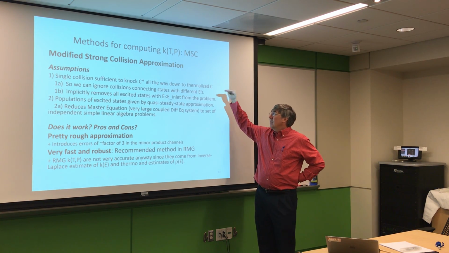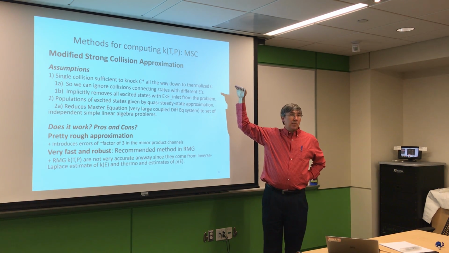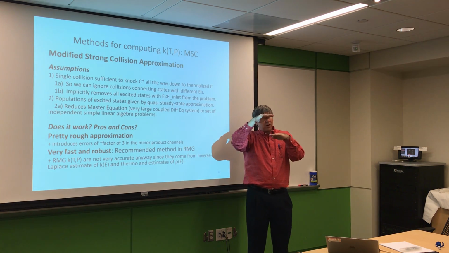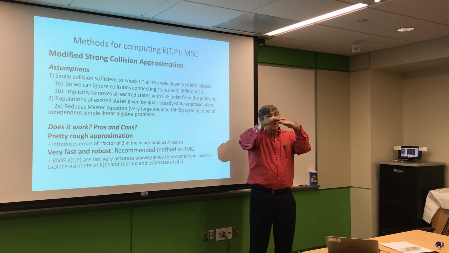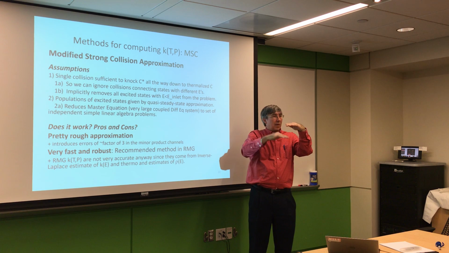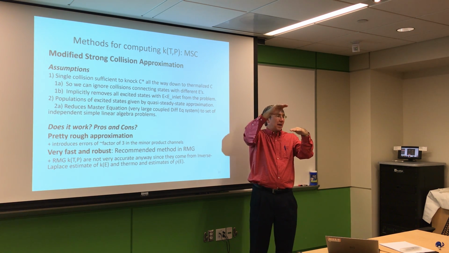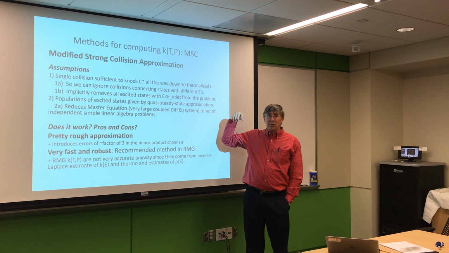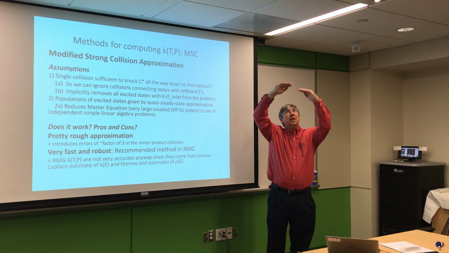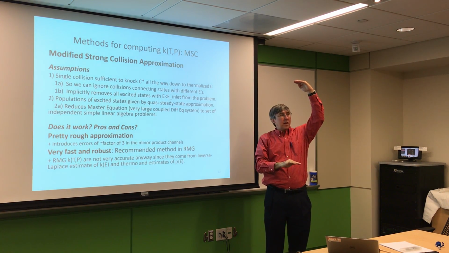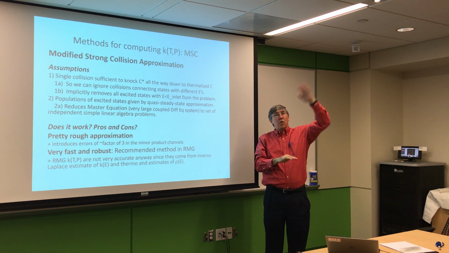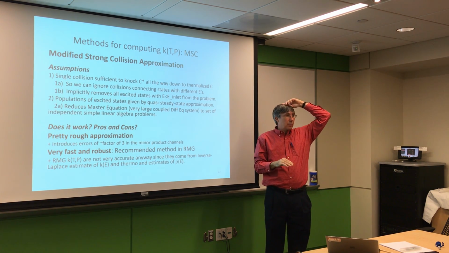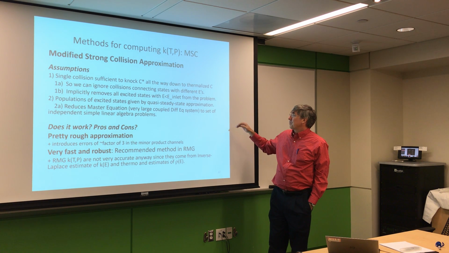And this is a huge simplification of the math because it ignores all the collisional stuff where in reality the molecules are getting knocked down, then knocked up, then knocked down, then knocked up. It's like diffusing in energy space because any molecule can do anything, and so you get all this coupling between the different levels. But if you assume that each one only connects all the way down to Boltzmannized stuff, then you just jump over all that and it decouples all the energy levels from each other.